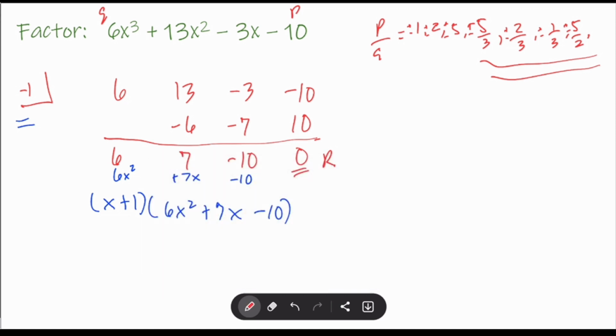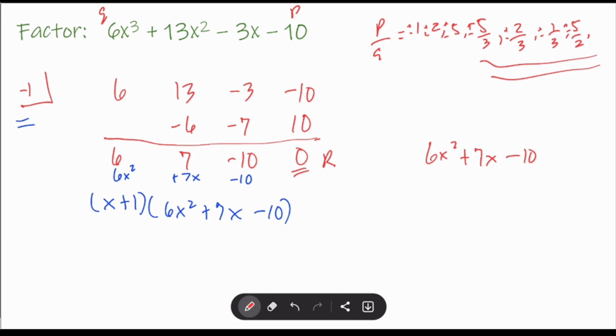Let us try. Since the leading coefficient is not 1, you have to do trial and error as well here. You have to find the correct pairs of 6 and 10 so that you will get this middle +7 when you do cross multiplication.